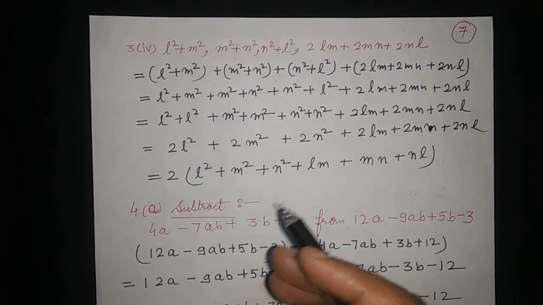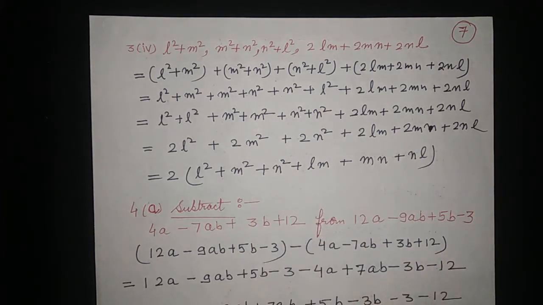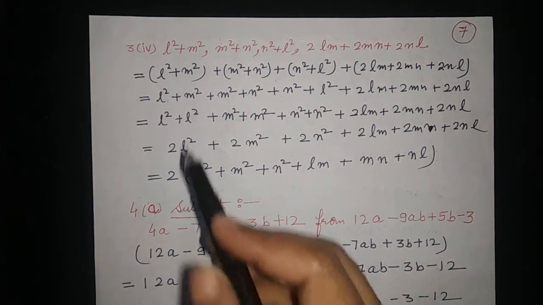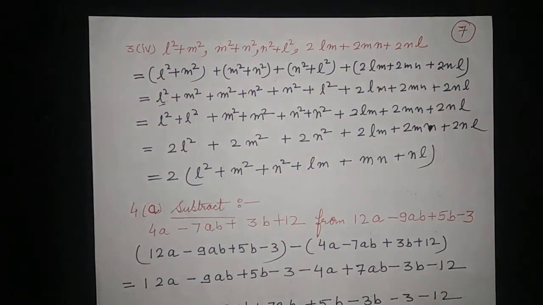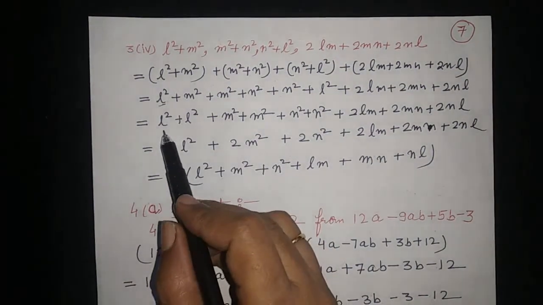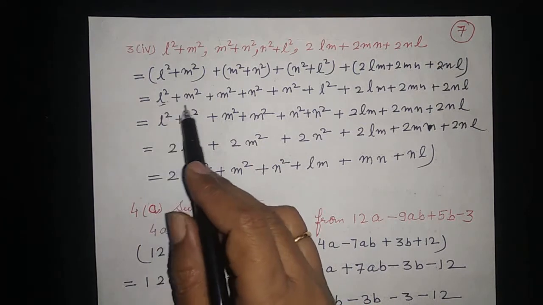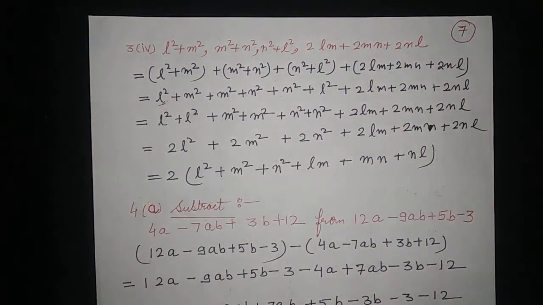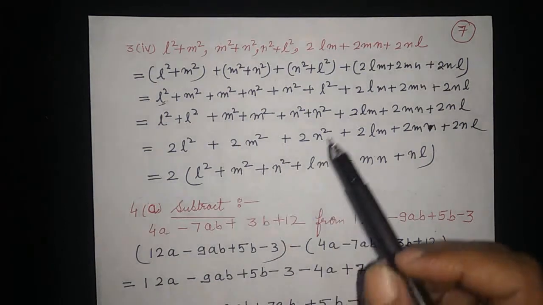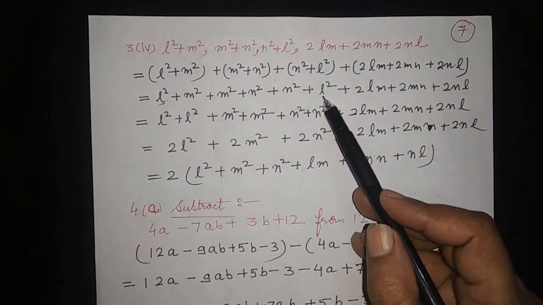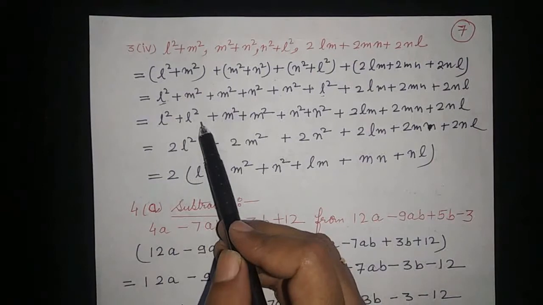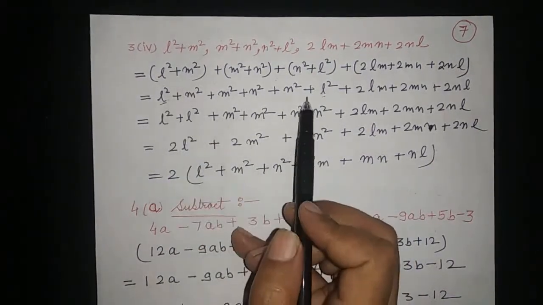Yes, we have to collect all the like terms together. Clear? So this is the first term L square. This we will write. Now we will search the like term of it. So we have got this one. Now we will write both the like terms together.